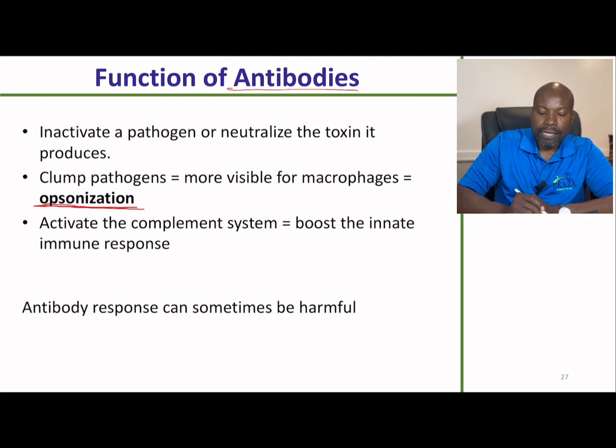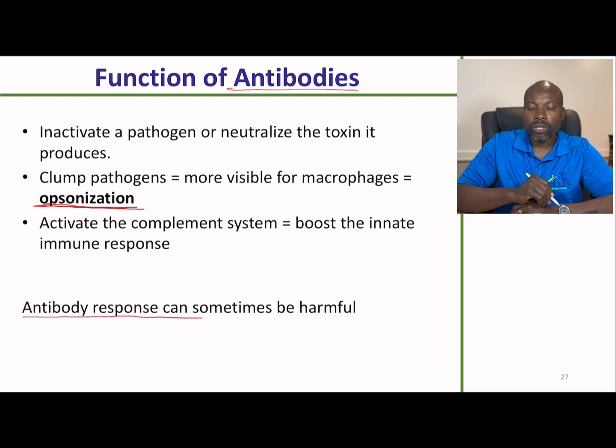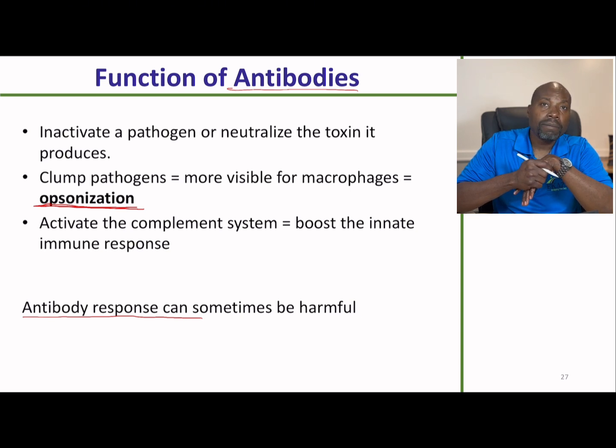Another thing is that antibodies are going to constitute a response that sometimes can be harmful to our body. For instance, when you have a huge amount of IgE and this IgE is binding to mast cells, this can cause what we call anaphylactic shock, right?